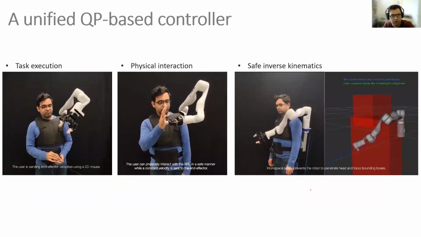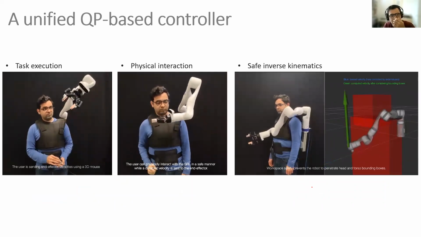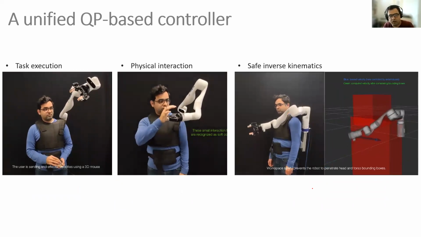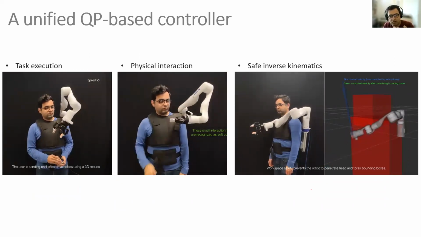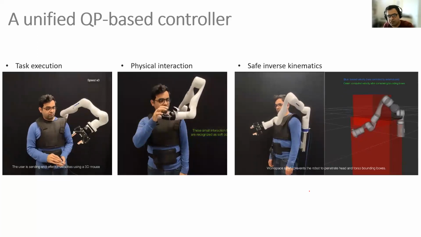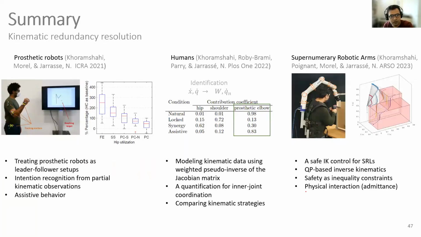So at the end, we have a unified QP-based controller that provides task execution, physical interaction, and safety. So I'm done, and this is just the summary of the three contributions that I talked about. In the first part, I talked about treating prosthetic robots as leader-follower setups, where we try to do intention recognition from partial kinematic observation and provide assisted behavior.